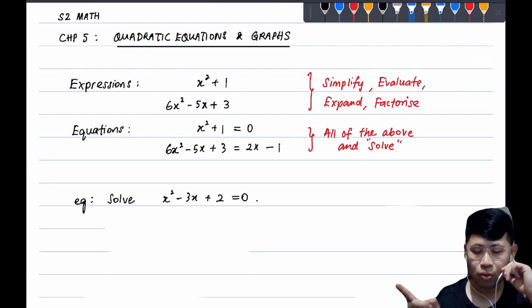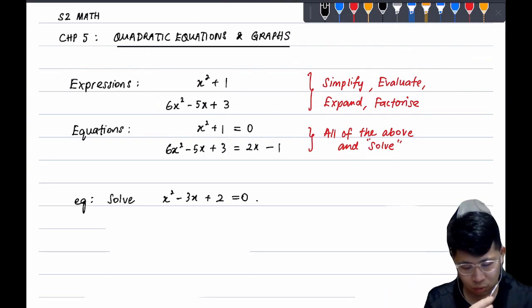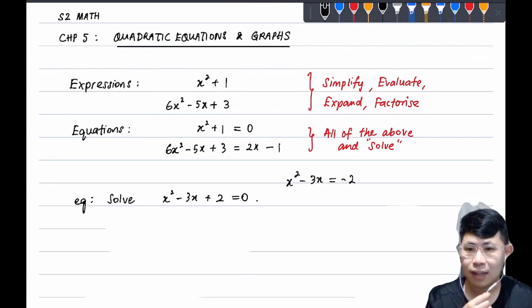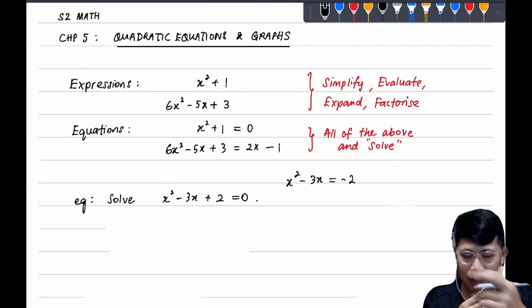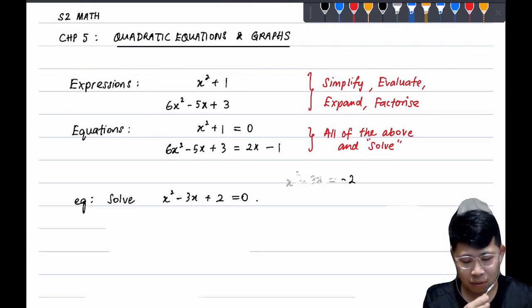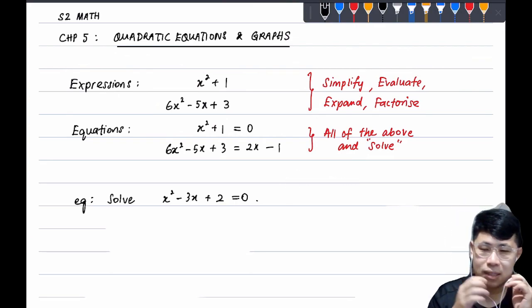But for this question, if we were to move 2 to the right, we cannot isolate a single x. We only want our answer to be x equals to something, but the problem is that we can't even rearrange it to get a single x.